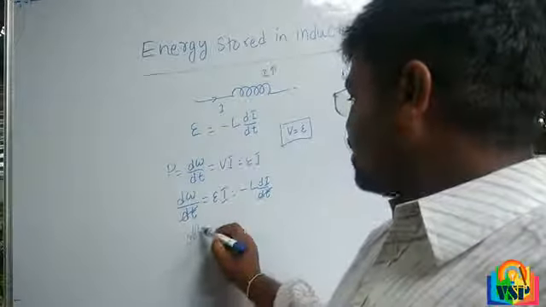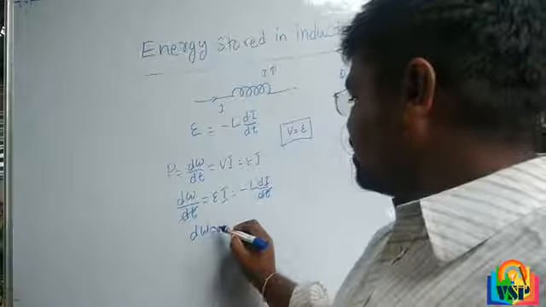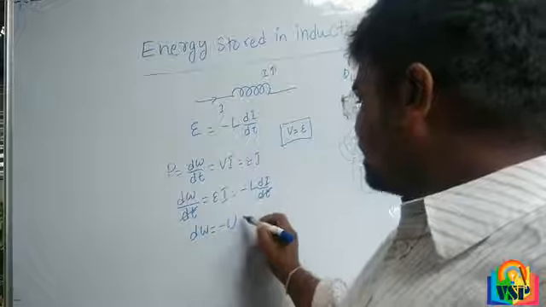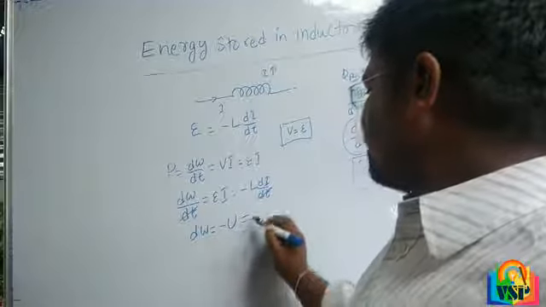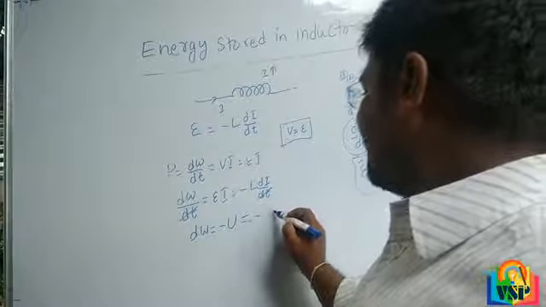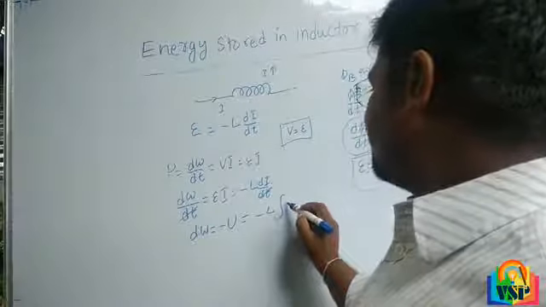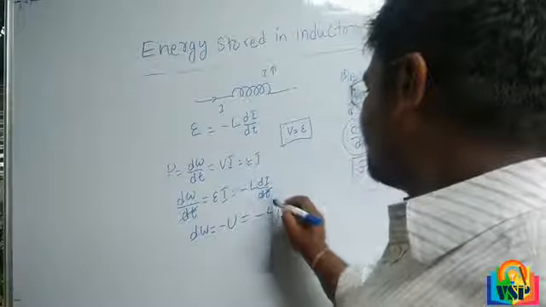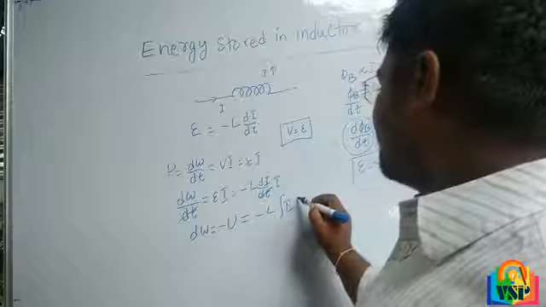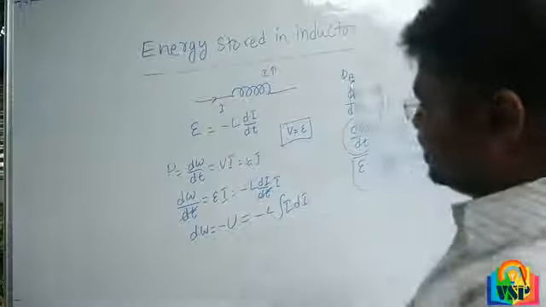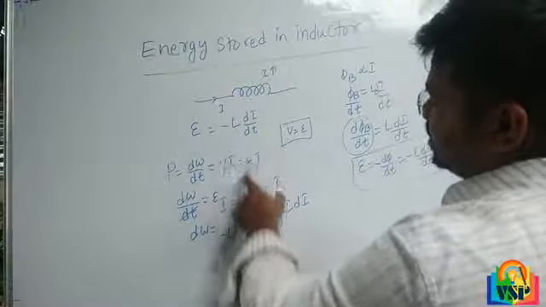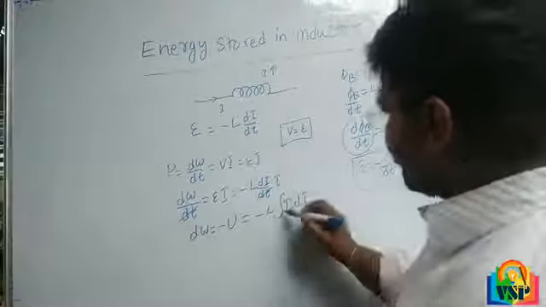Here the work done, the change in work done, becomes the negative of the potential energy. That is equal to minus L integration of I di.